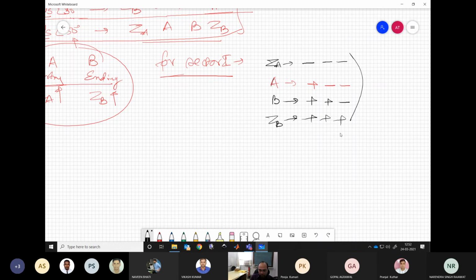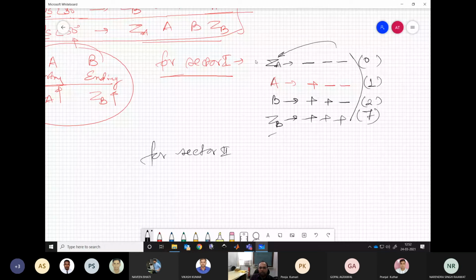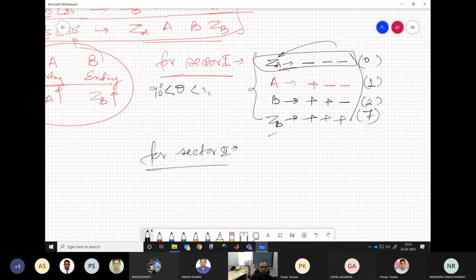This is for sector 1, which means 0, 1, 2, 7. These are the vectors designated to ZA, A, B and ZB. Now for sector 2, these allocations will change. So this we can do easily in our microcontroller. We can fix that my ZA is this for this sector, which means theta between 90 degree to 150 degree.